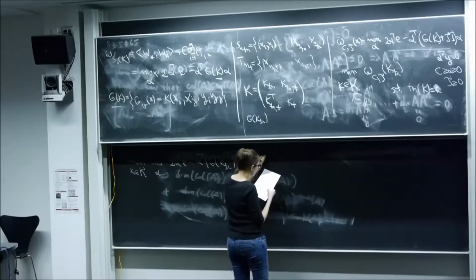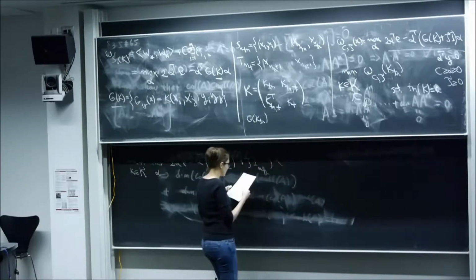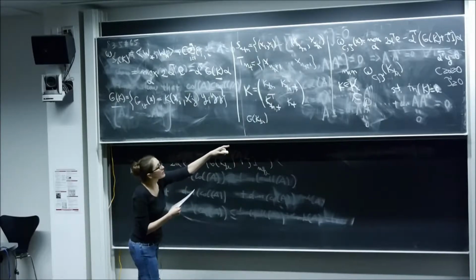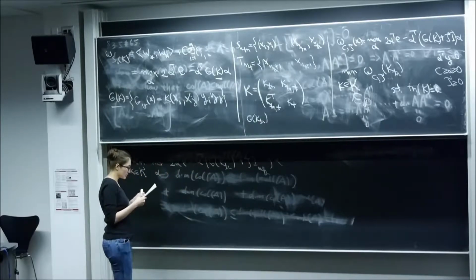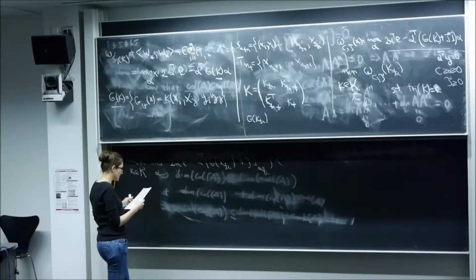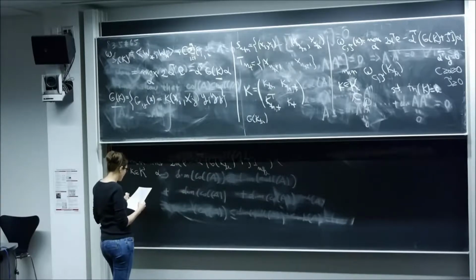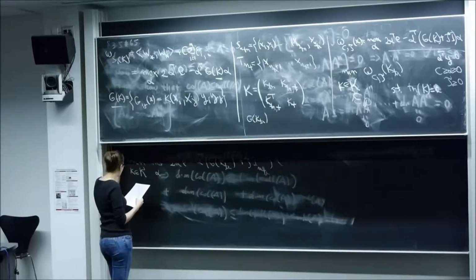It's subject to the same constraints I wrote there: alpha is between 0 and C, alpha transpose Y is 0, and the trace of K is equal to c.